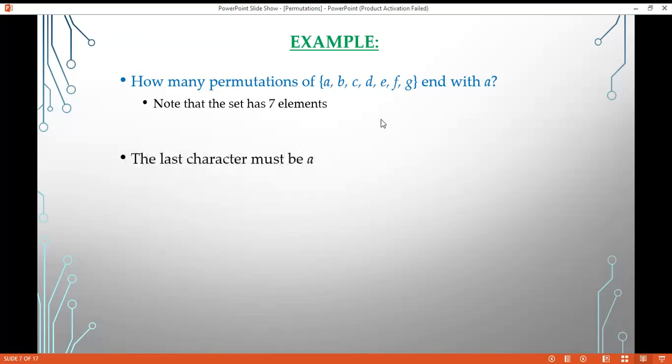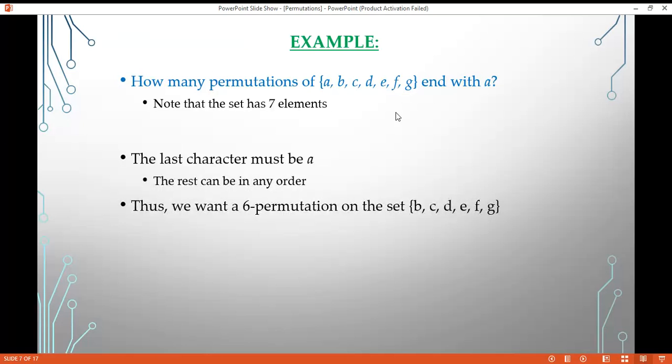But it says that the last character is A, so A is fixed. Now our variation is only in the remaining 6 elements: B, C, D, E, F, G. So we need permutations of the set B, C, D, E, F, G, right?